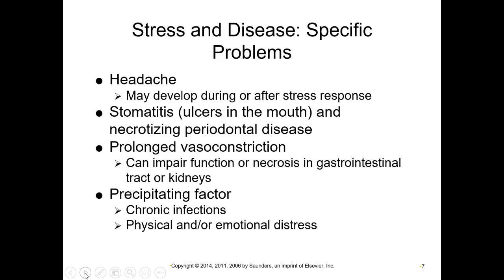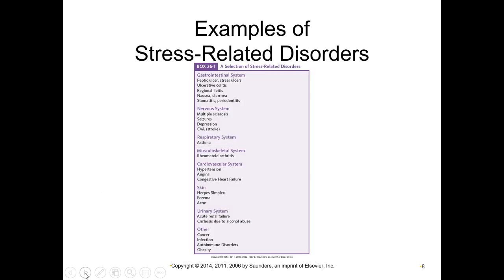Think about everything you have to have at the moment is going to get the supply, and your GI tract and your kidneys may not get blood in this vasoconstrictive process. Precipitating factors: chronic infections, and then emotional distress or physical distress otherwise. Examples of stress-related disorders: look at all the body systems, and there are probably others.